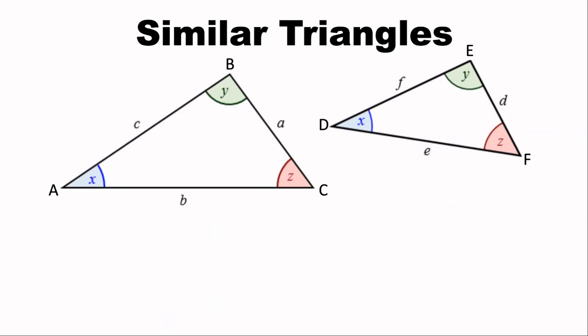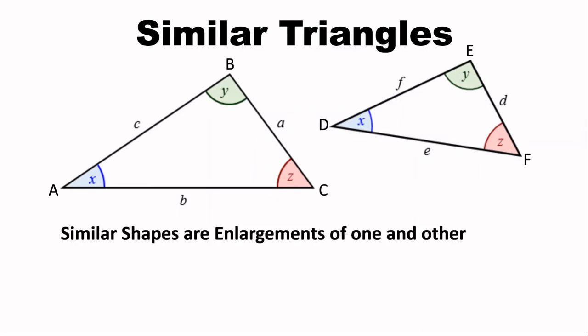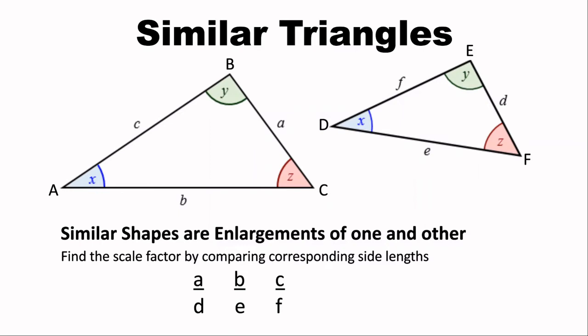Another way that we can compare the side lengths of our similar triangles is to remember that one shape is an enlargement of the other. So we'll compare our corresponding side lengths to find the scale factor of enlargement. Here I've shown that side length A on my triangle ABC corresponds with side length D on my triangle DEF.